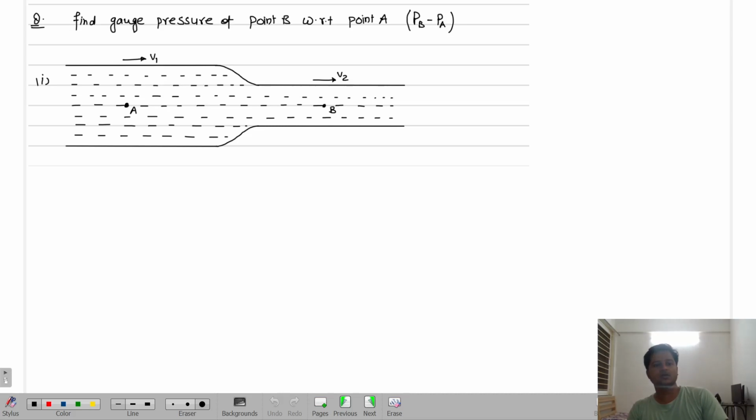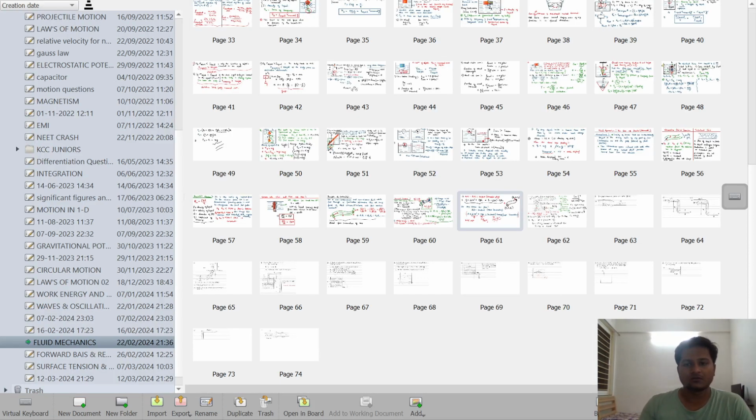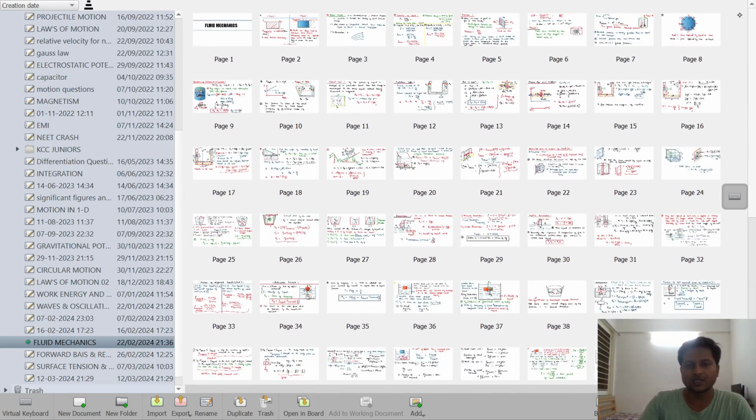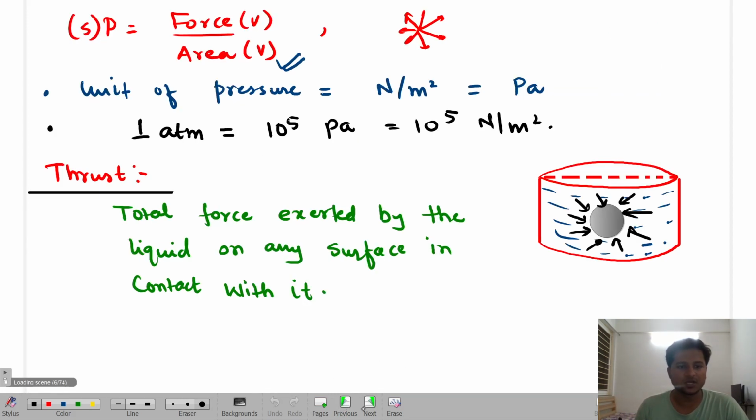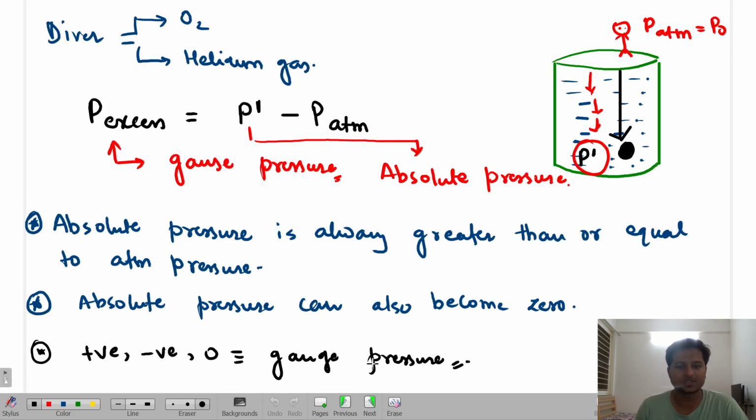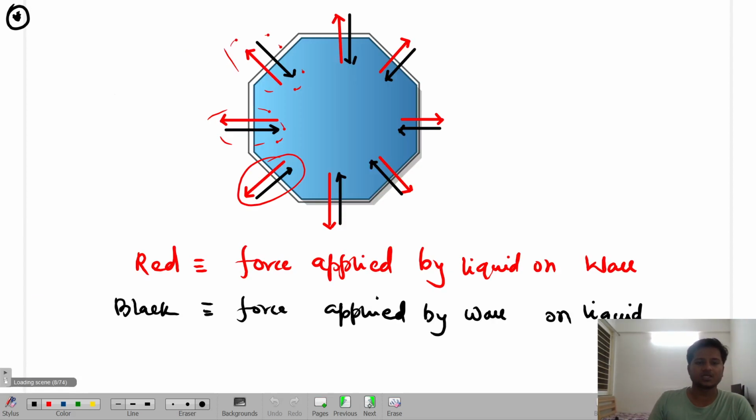It says find the gauge pressure of point B with respect to point A. If you want to see what is gauge pressure, I have done it long back. See, absolute pressure here, gauge pressure here also I have done. Gauge pressure is that extra pressure which is apart from the atmospheric pressure, isn't it? So absolute pressure minus atmospheric pressure is called gauge pressure.